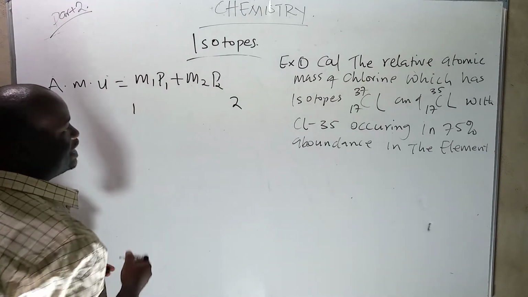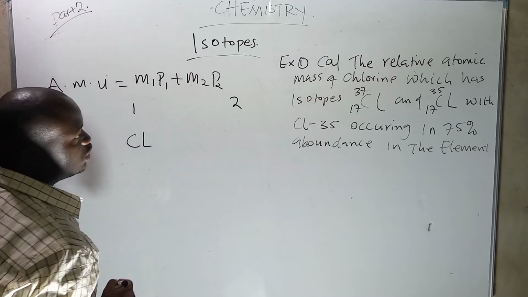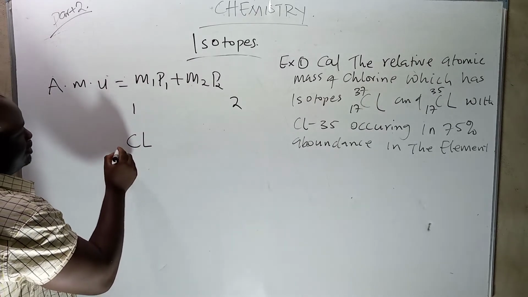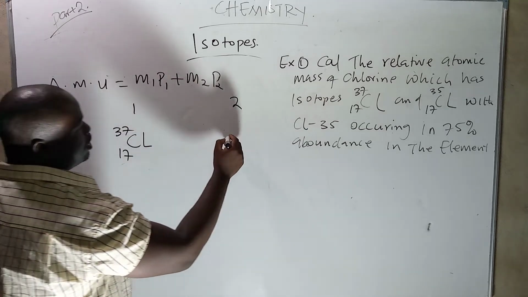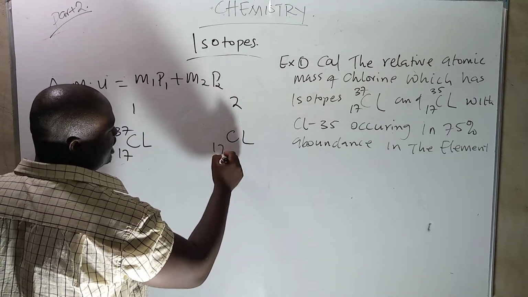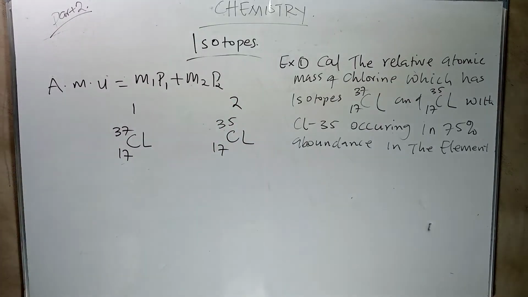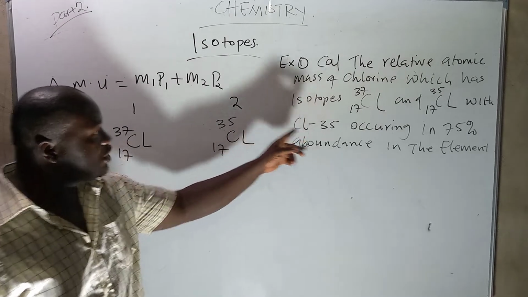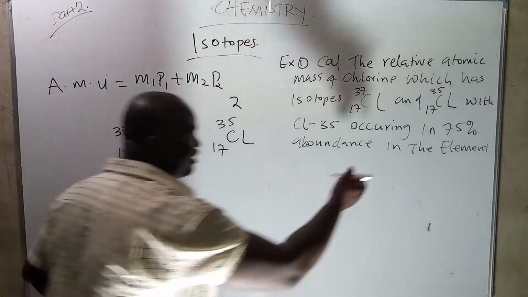The first atom they gave you there is Cl with 17 and 37. The second one is Cl with 17 and 35. Now, this second one has a relative abundance of 75.